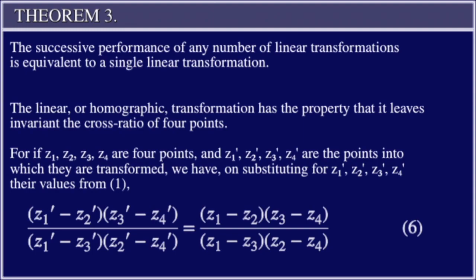For if z1, z2, z3, z4 are 4 points and z1 prime, z2 prime, z3 prime, z4 prime are the points into which they are transformed, we have, on substituting for z1 prime, z2 prime, z3 prime, z4 prime their values from equation 1, the quantity z1 prime minus z2 prime times the quantity z3 prime minus z4 prime divided by the quantity z1 prime minus z3 prime times the quantity z2 prime minus z4 prime, equal to the quantity z1 minus z2 times the quantity z3 minus z4, all divided by the quantity z1 minus z3 times the quantity z2 minus z4, equation 6.